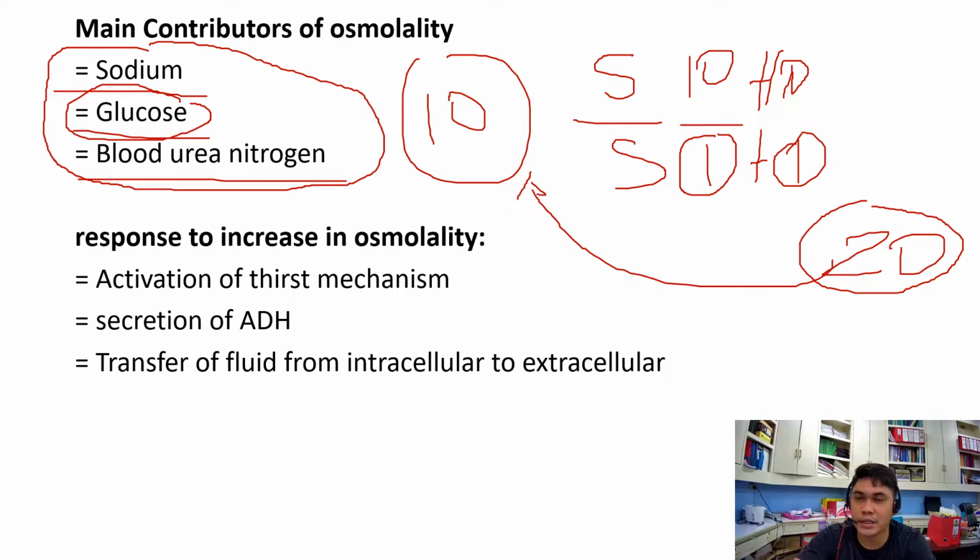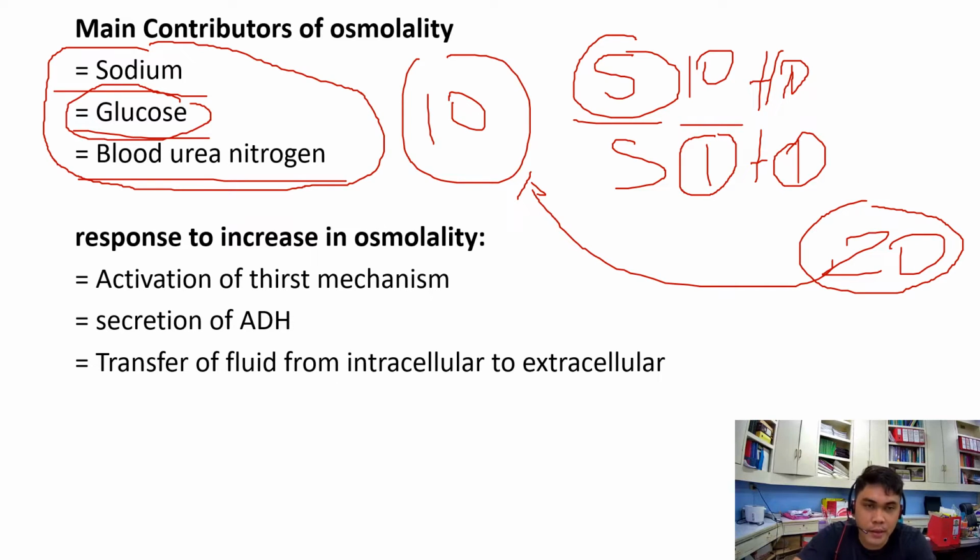So 10 plus 10, that's 20, divided by 1 plus 1, that's 2. So 20 divided by 2, that is 10. So that's how our body returns to its normal osmolality, by altering the level of solvent if the problem is in the concentration of solute.